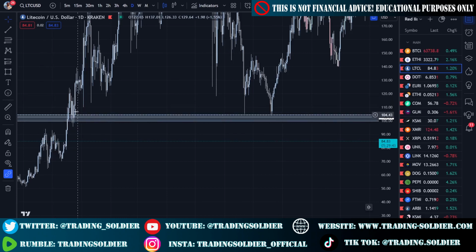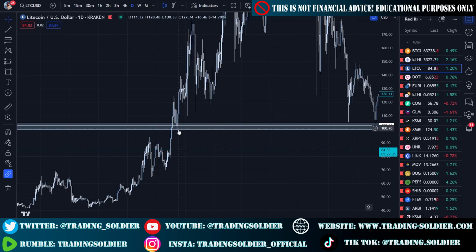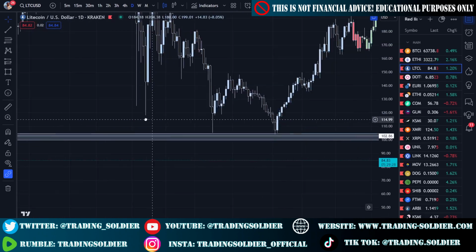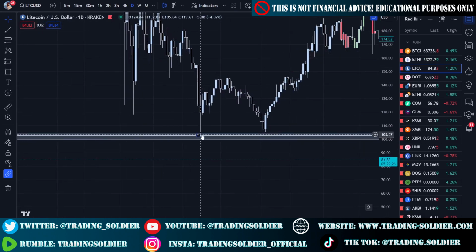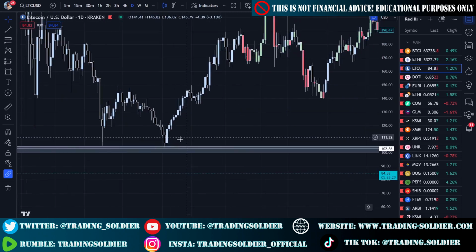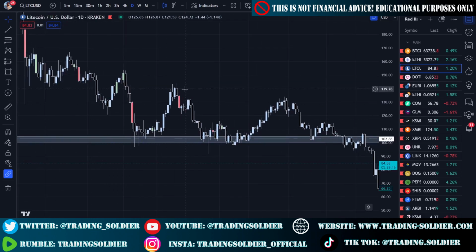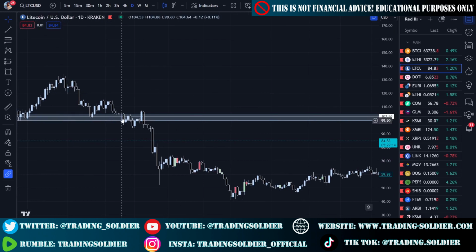Once a demand area is established, you see now it is acting as demand because in the past a lot of buyers were willing to buy here, and then the price pumped. Then again, as soon as the price touched the same area, the price pumped again, touched, pumped, touched, pumped, and then pierced.